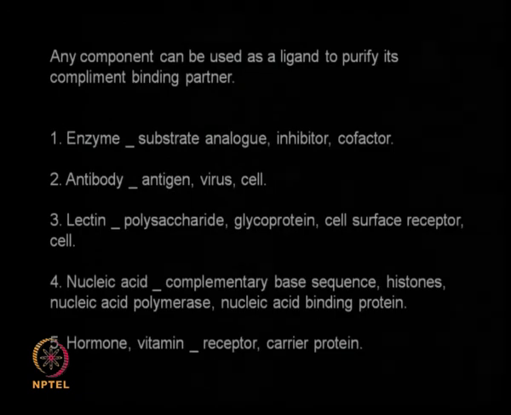So we can use any type of component as a ligand to purify its complementary binding partner. Okay, so you have a complementary binding partner and you have a ligand which is immobilized.